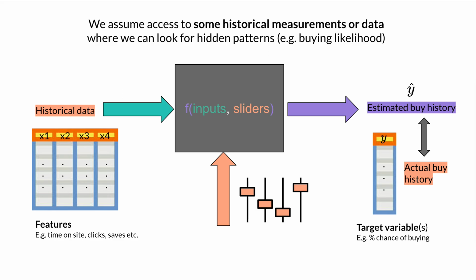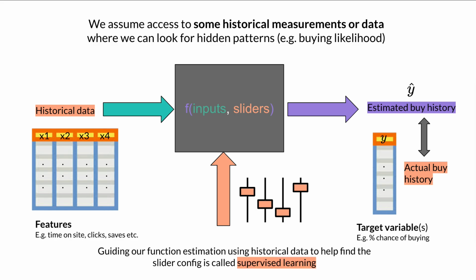Because we have the actual buying history, we can compare our estimates with it, and that will tell us how well this neural network is actually doing, how well it is modeling the system. Because we're using the historical data to supervise this process, to supervise, for each estimate, how well it matches what the historical data told us, this is called supervised learning.